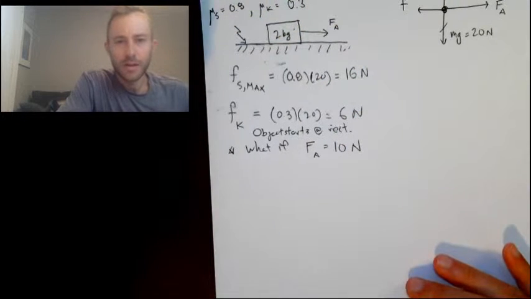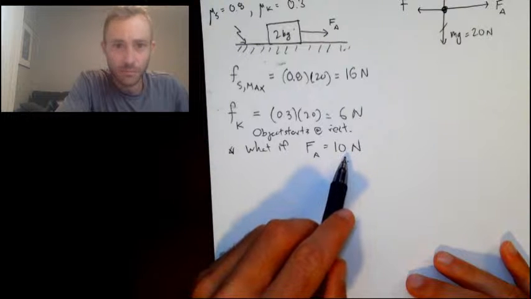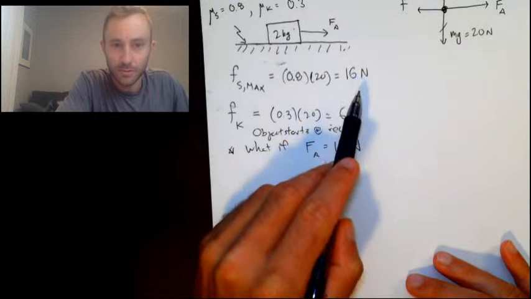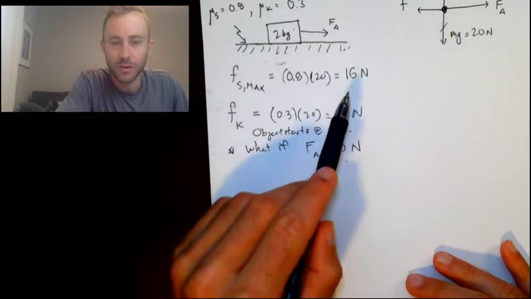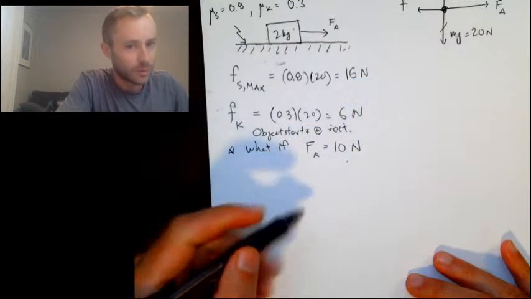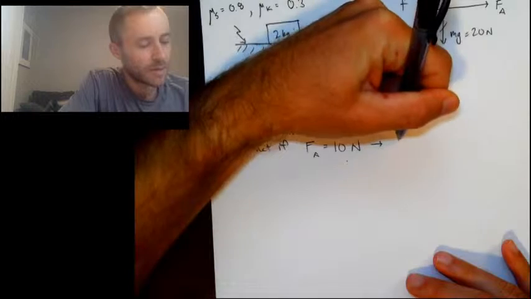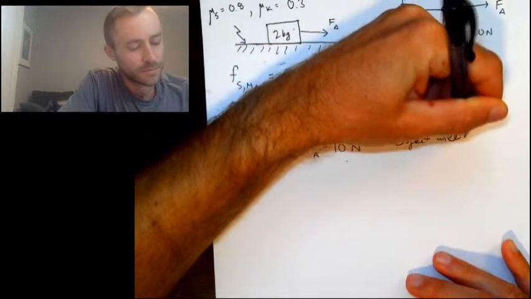Is 10 newtons enough to make the object budge? No, because the maximum static friction is 16 newtons. You have to apply at least 16 newtons to make the thing start to move. So if you apply 10 newtons of force, the object will not budge.